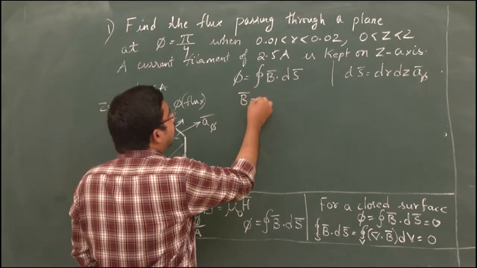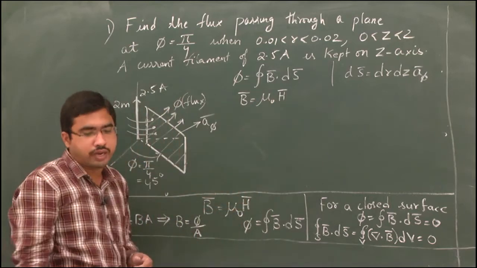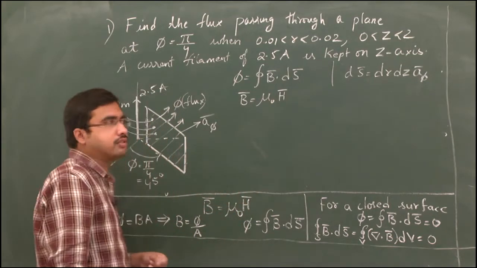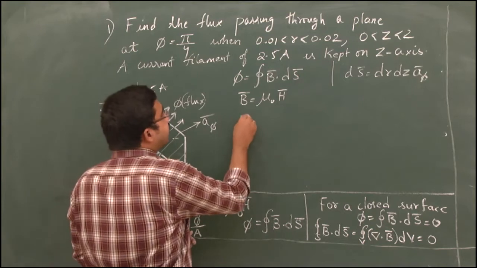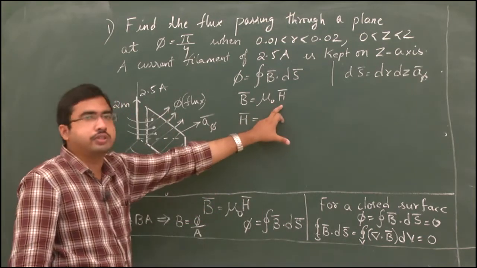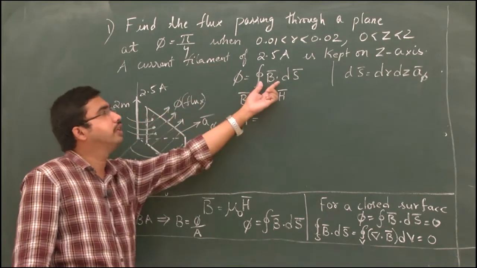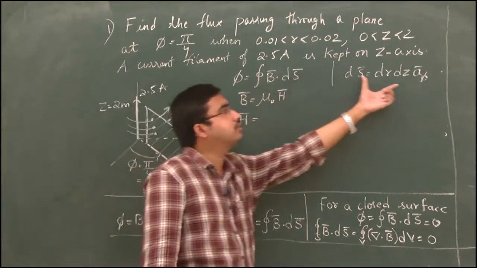B bar is also given as mu naught into H bar, where mu r can be taken as 1 as we are considering free space. Why we need to calculate H bar: to find the flux we need B bar, so we substitute H bar here.